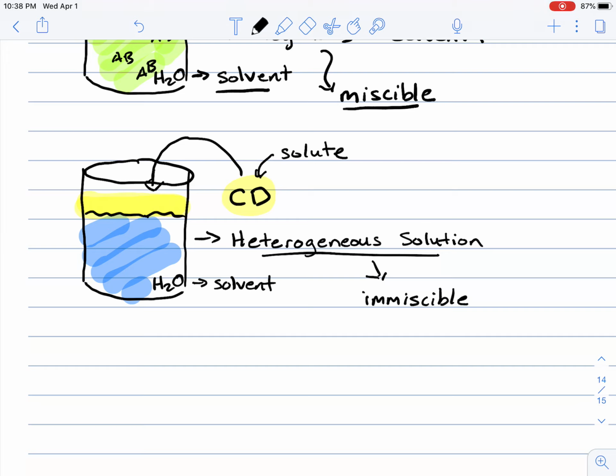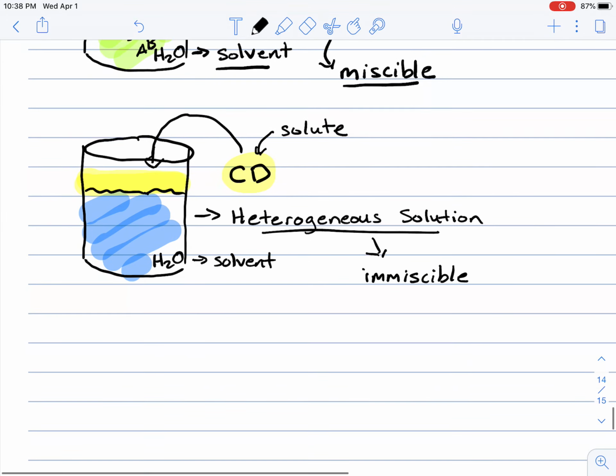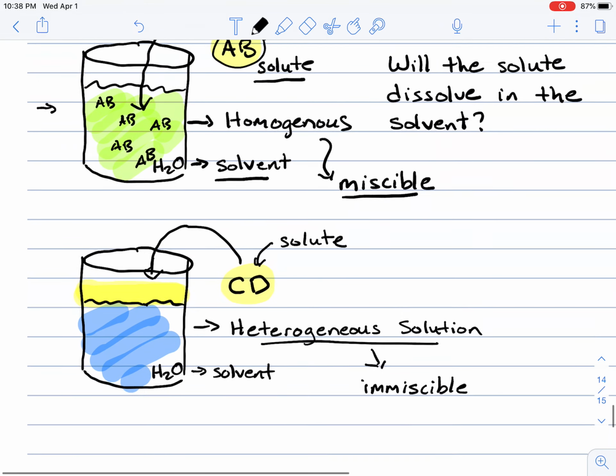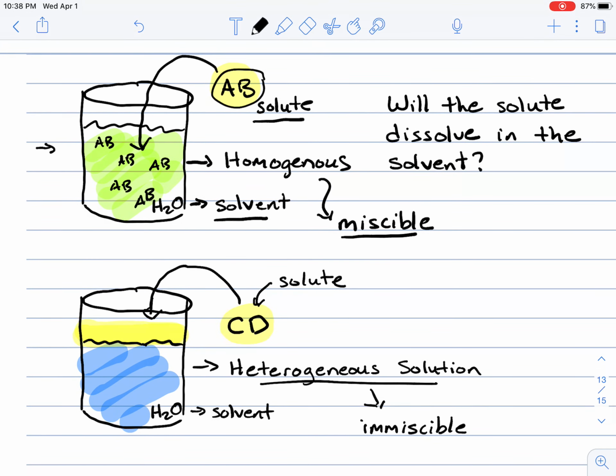So right now the common solvent that we're using is water, but there are lots of other solvents that we can use. And so what we're going to discuss is how polarity plays a role in determining whether or not the solute is miscible in solvent or immiscible in solvent.